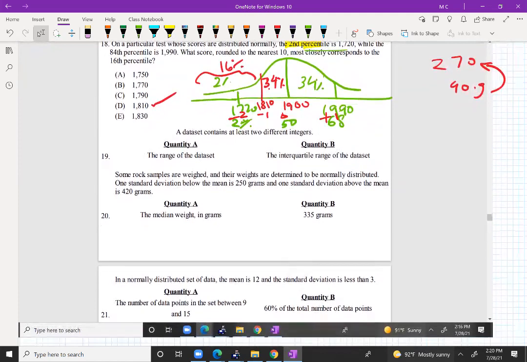Interquartile range is like the 75th percentile minus the 25th percentile. I don't see how you could get it otherwise, there's no way.